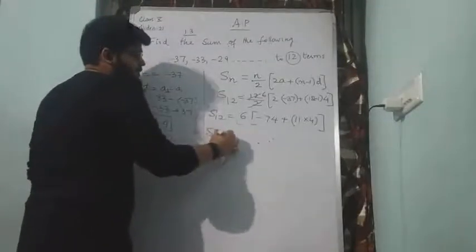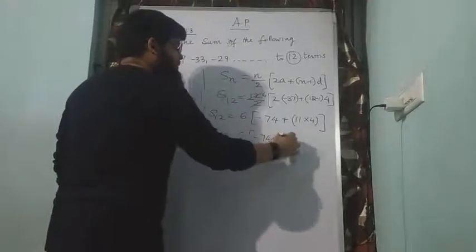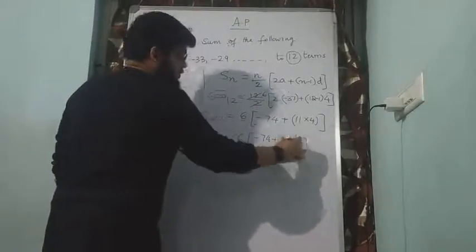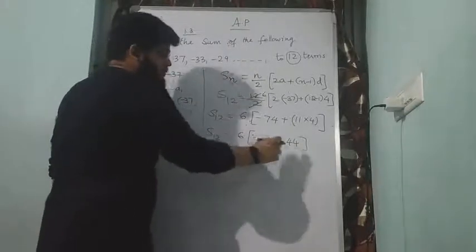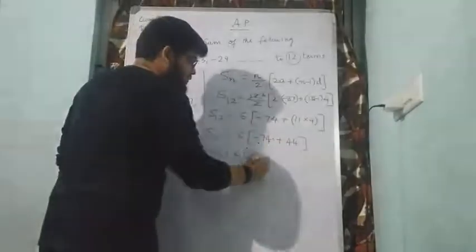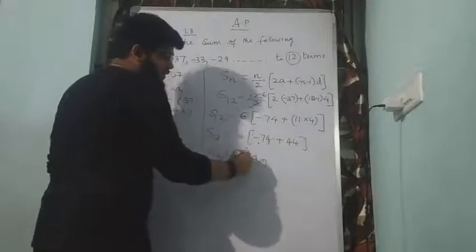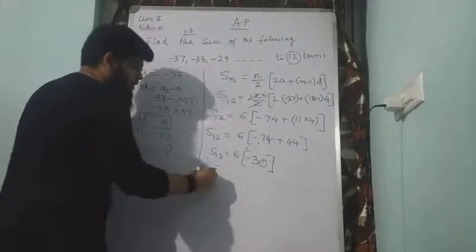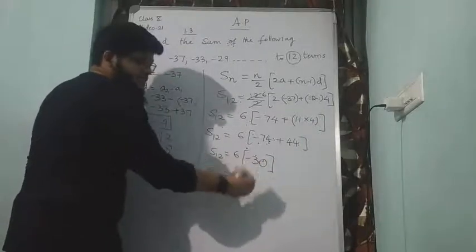So S12 is equal to 6 into minus 74 plus 11 fours are 44. Then S12 will be equal to 6 into minus times plus is minus, 74 minus 44. 4 minus 4 is 0, 7 minus 4 is 3, and 74 is greater, so you get a negative sign. S12 is equal to minus, as it is, 6 into 30.